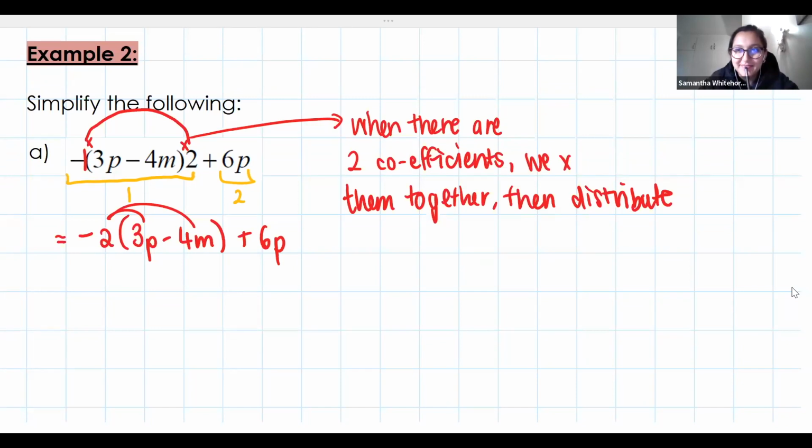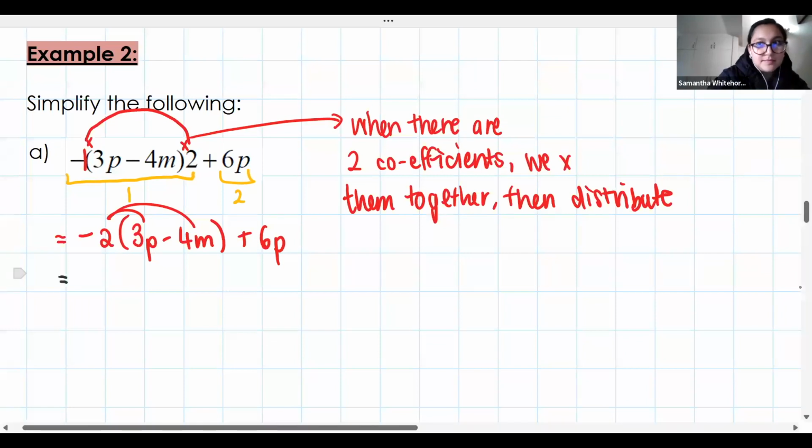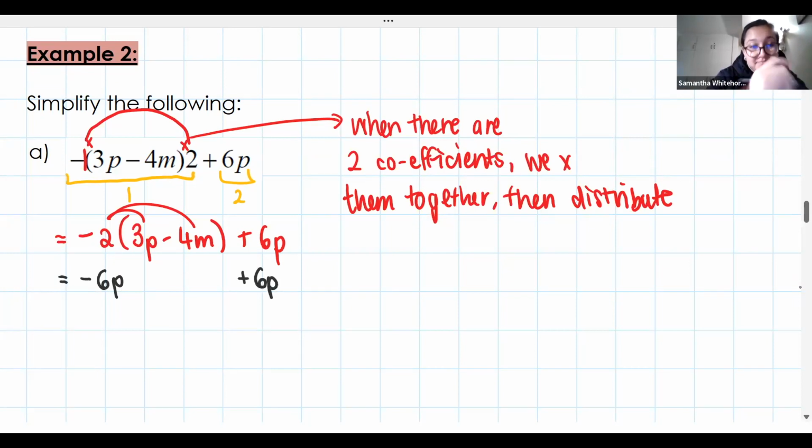I'm good. So I followed your hints. Your hints gave me -2. So then I said -2 times 3p gave me -6p. And then I saw that at the end there was the last term 6p, which was a like term to -6p. So I just ignored it for now. And then I attributed to 4m. I said -2 multiplied by 4m gave me -8m.